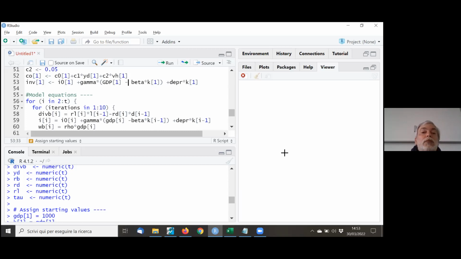Otherwise, it can be 0, and the second round is going to be our first one. But we want valid values for the exogenous in the first round and for the parameters. No, this is just starting values.